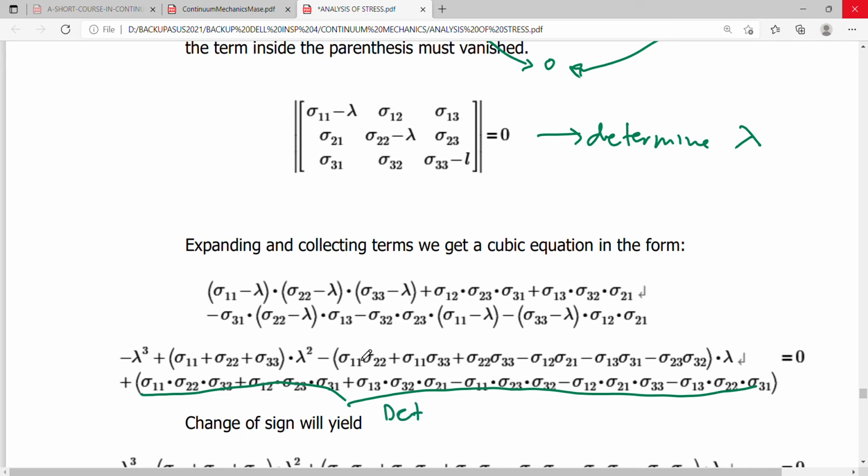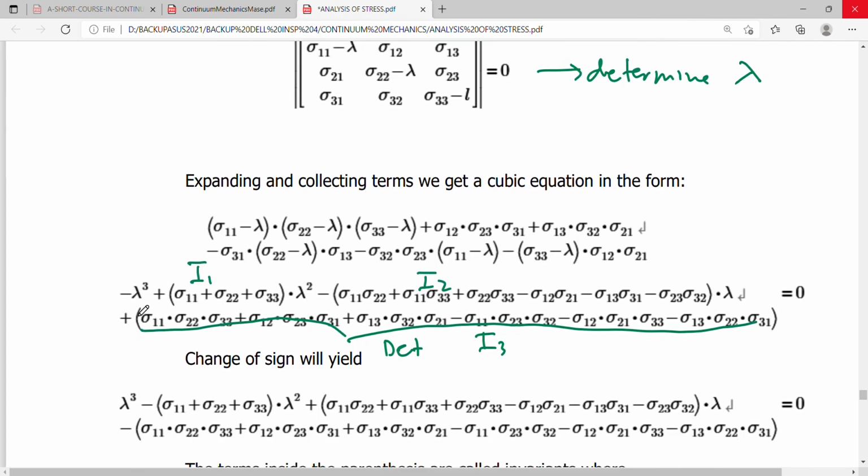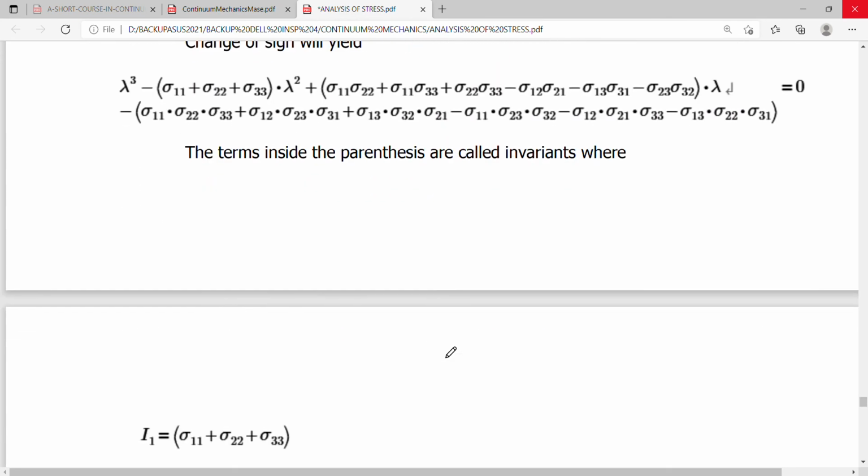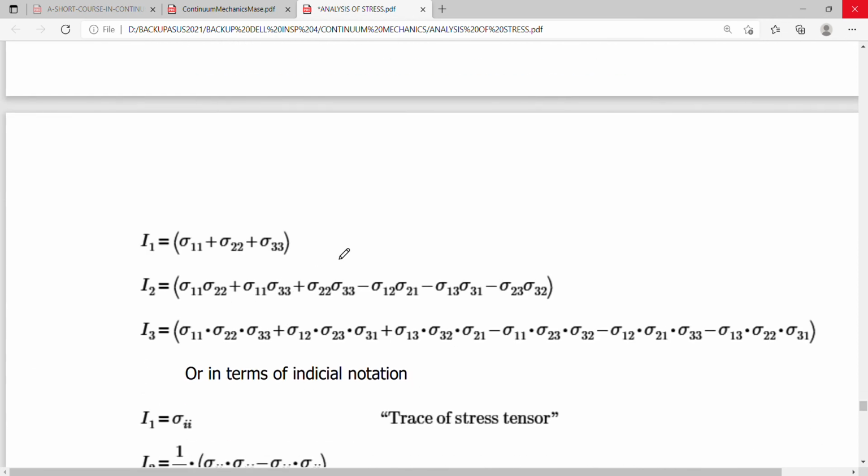Okay, while this and this are known to be your first invariant, second invariant, and the last is the third invariant. Okay, so I just made a change in the sign here. So I make it minus plus, plus minus, minus plus, and then a plus minus, so that the terms inside the parentheses will now be set into these three values.